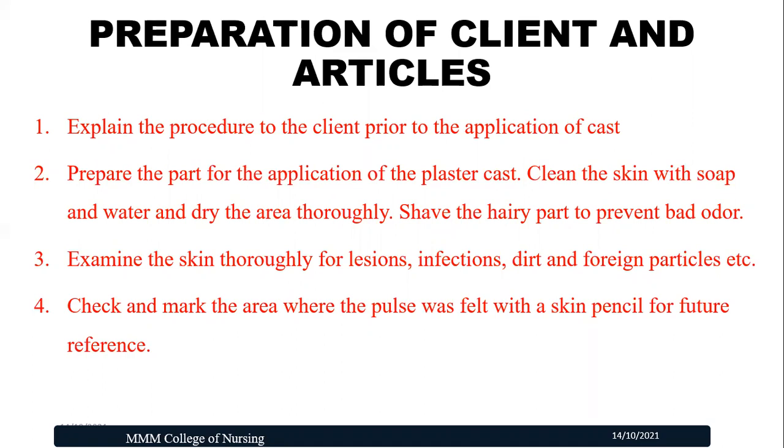And we need to prepare the body part for the application of the plaster cast. Clean the skin with soap and water, dry the area thoroughly, and shave the hairy part to prevent bad odor. Examine the skin thoroughly for any lesions, infections, dirt and foreign particles, which need to be taken care of before application of the POP.